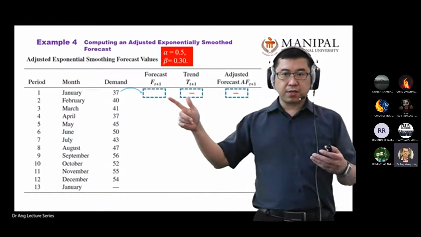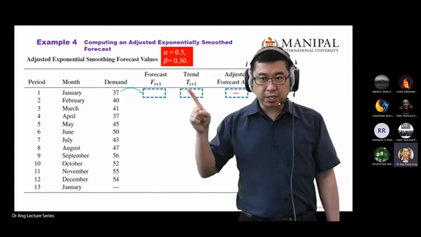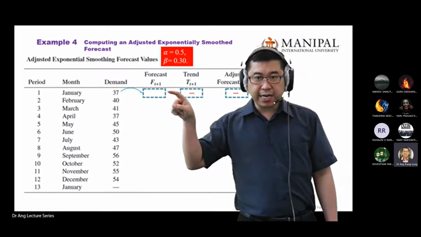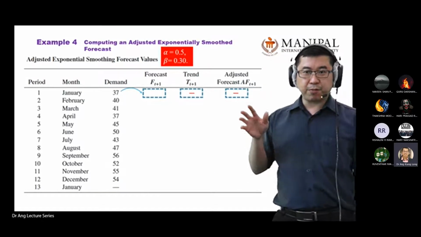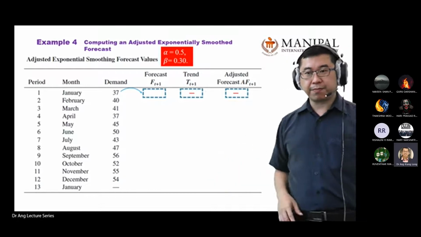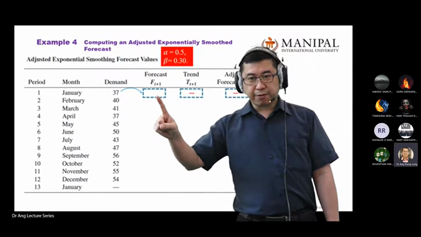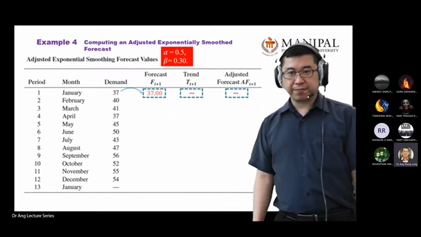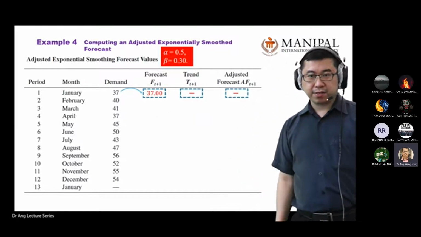For the adjusted exponential, there is a value for F1. Take note of that. This is the difference between adjusted exponential smoothing and the previous example we saw before the break. Before the break, we don't have a value here, but here we copy the demand into the forecast column.